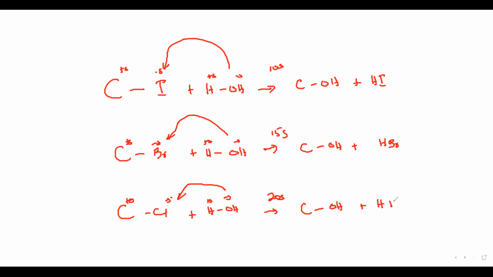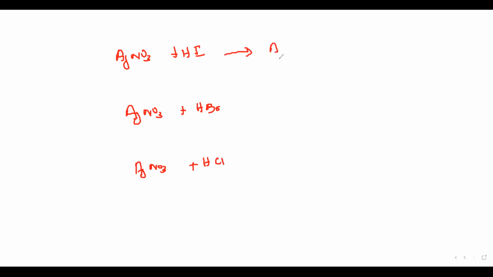And to this hydrogen chloride, if we add silver nitrate AgNO3, or we add AgNO3 to HBr, or we add silver nitrate to HCl, as a result this will produce silver iodide, this will produce silver bromide, and this will produce silver chloride.